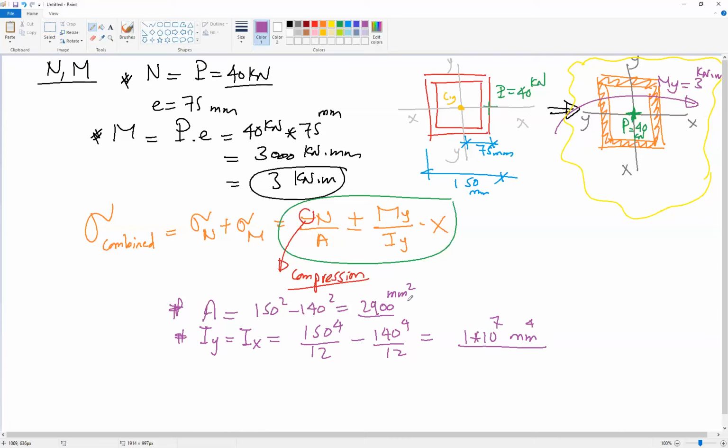Now we can substitute in the formula. So sigma will be negative 40, and we said before all the units should be Newton millimeter.